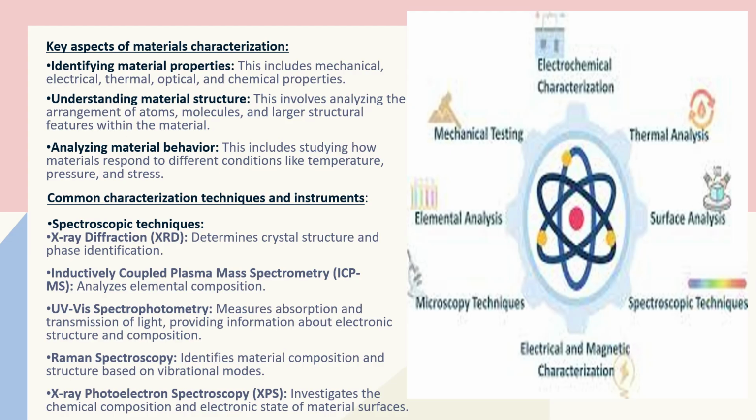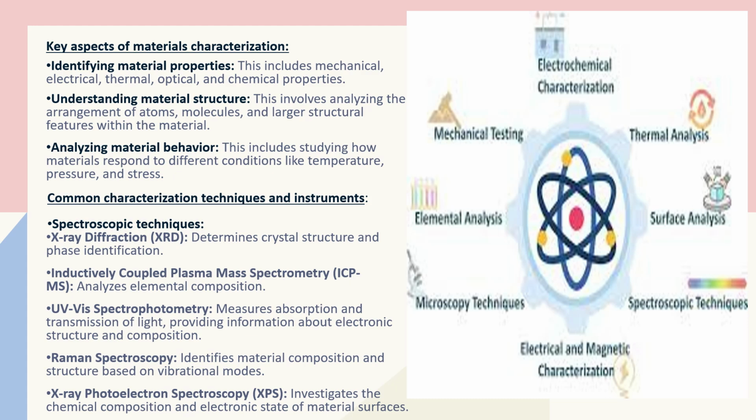This involves analyzing the arrangement of atoms, molecules, and larger structural features within the material. Analyzing the material behavior. This includes studying how materials respond to different conditions like temperature, pressure and stress.